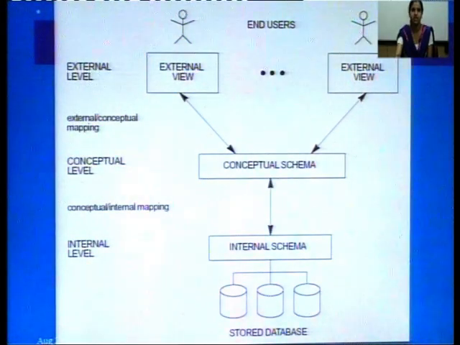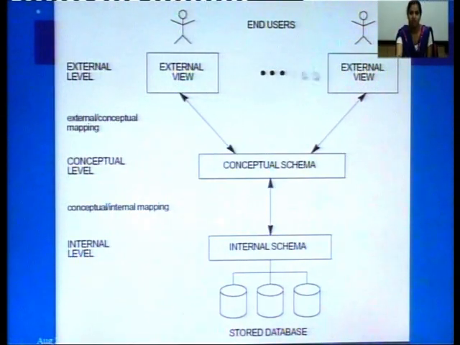Here you can see this is the external view and this is the internal schema. When we have to change this internal schema without changing this external schema, this is known as physical data independence.